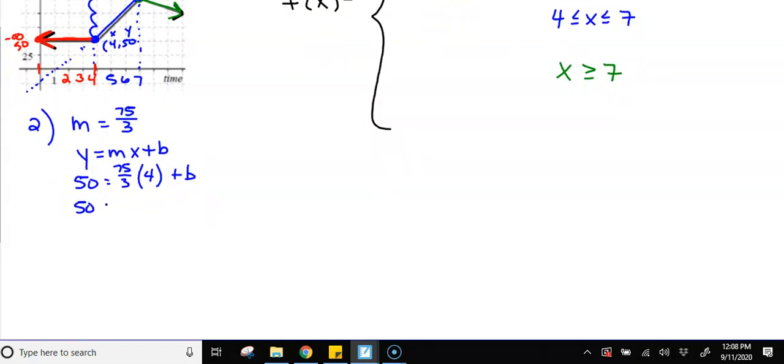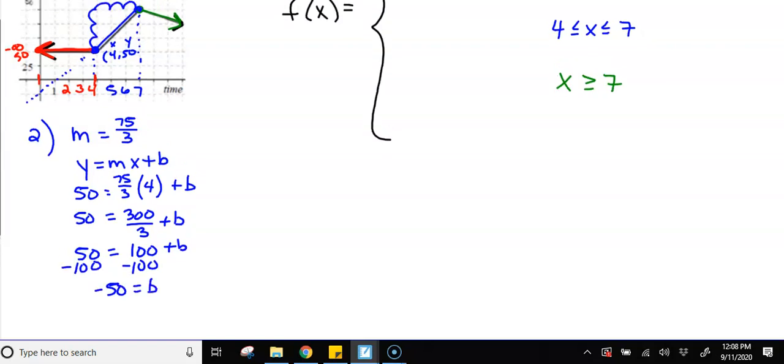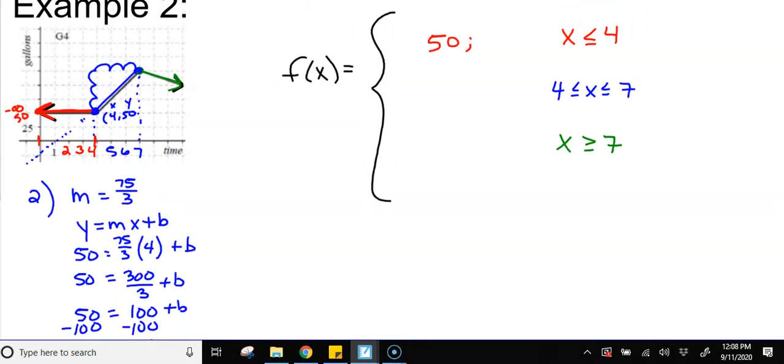So 50 equals 75 times 4, which is going to give us 300. 300 divided by 3 is 100. Subtract. And negative 50 is our b. Now we can go up and put that into our equation. y equals 75 thirds x minus 50. And that one is done.